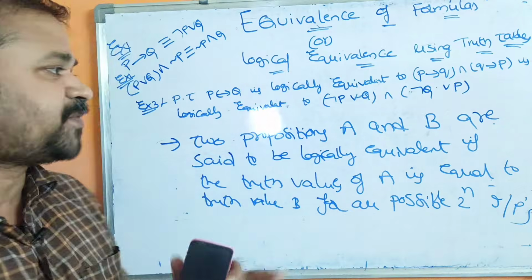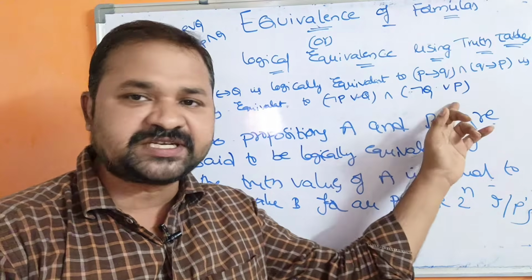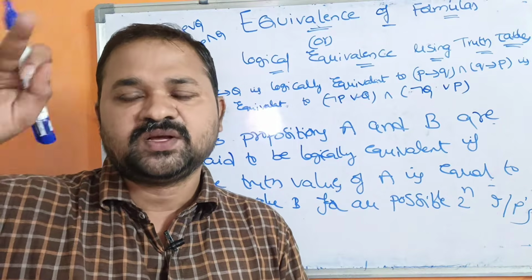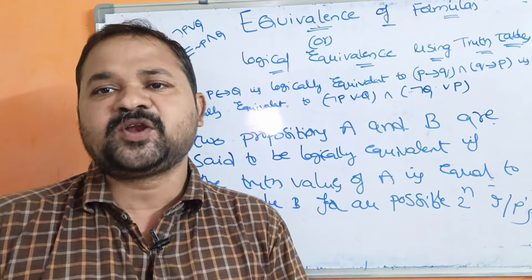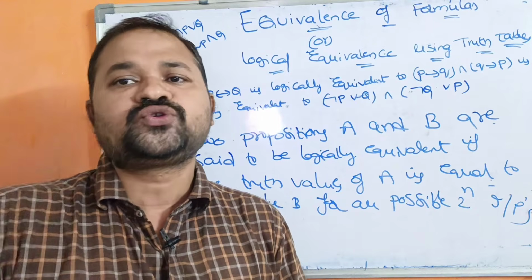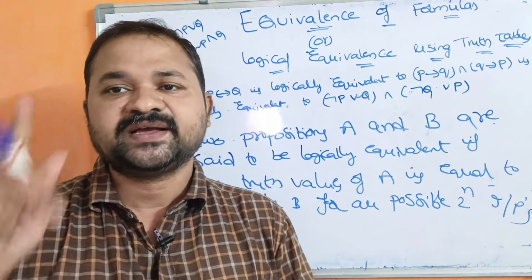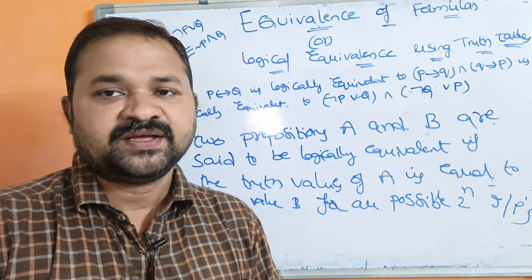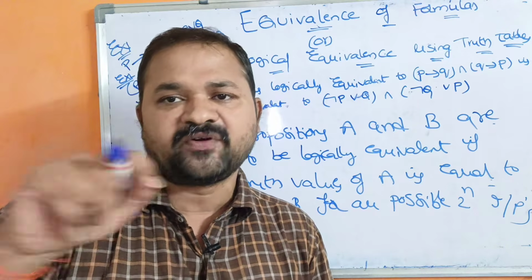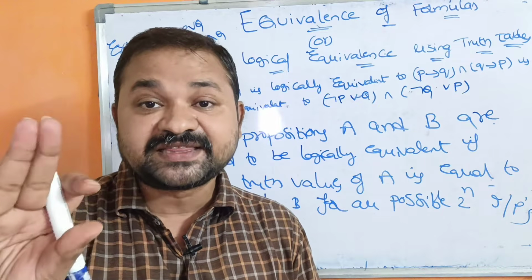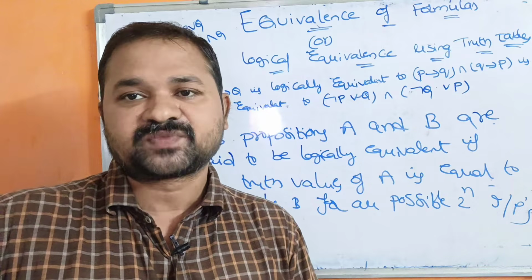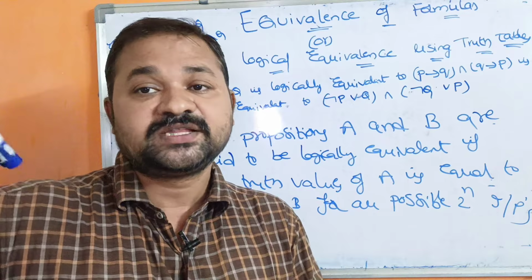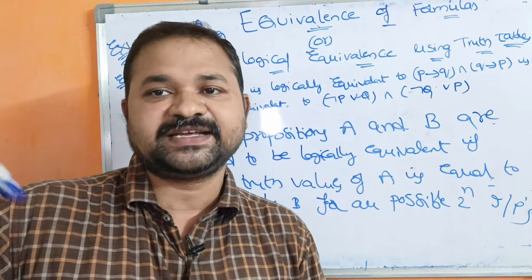If we consider this problem, we have two propositions, so 2 power 2, the possible combinations are 4: true true, true false, false true, false false. If we have only one proposition, then the possible combinations are 2 power 1, that is 2 combinations. If there are 3 propositions P, Q, R, then the possible combinations are 2 power 3, that is 8.